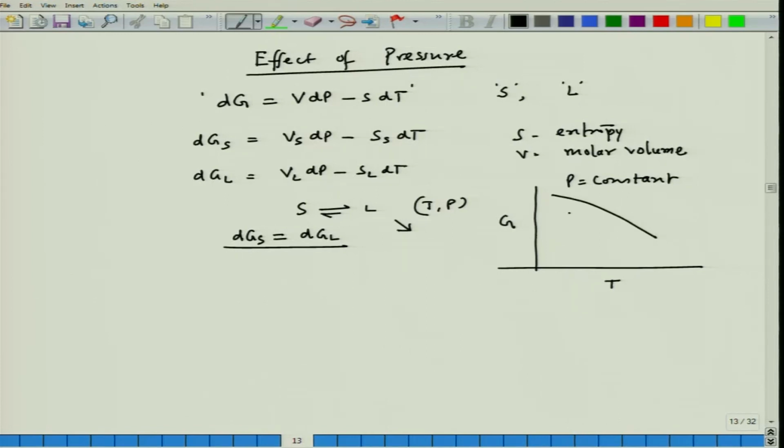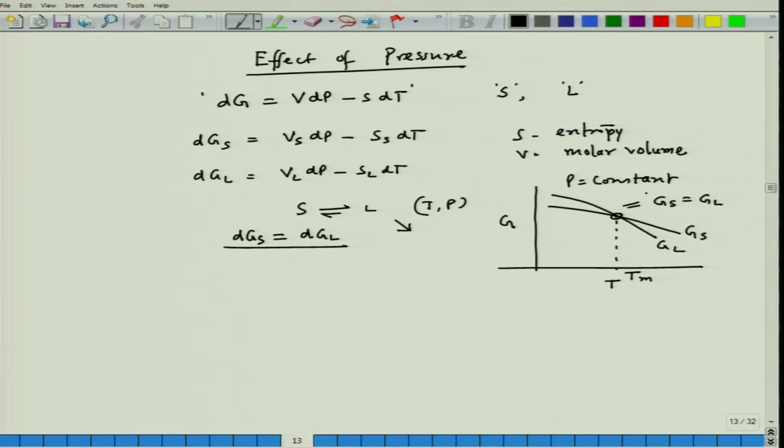We have seen that the curve looks like this, and at this point this is G solid, this is G liquid, and this is T melting point, and at this point I see Gs equals Gl. That is the equilibrium concept.